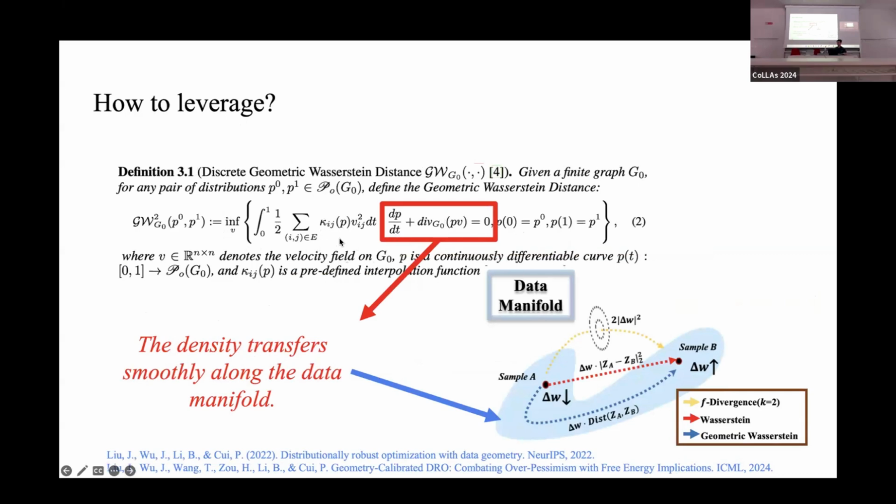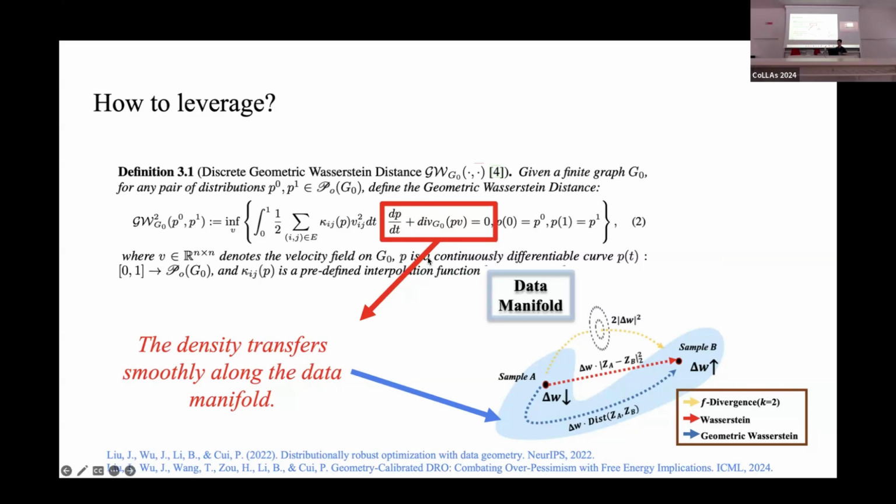Here we give a simple figure to demonstrate the difference between geometrical Wasserstein distance, F-divergence, and also Wasserstein distance. For example, the yellow curve is the F-divergence, which does not care about the data geometry. It only cares about the density, and we just open a tunnel to transport density from one sample to another.